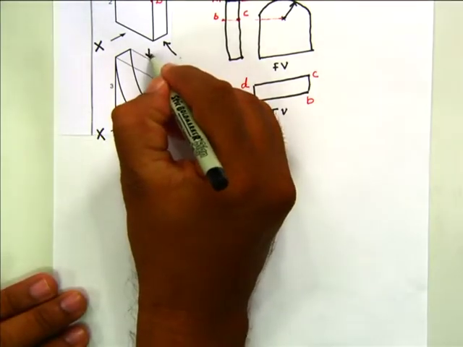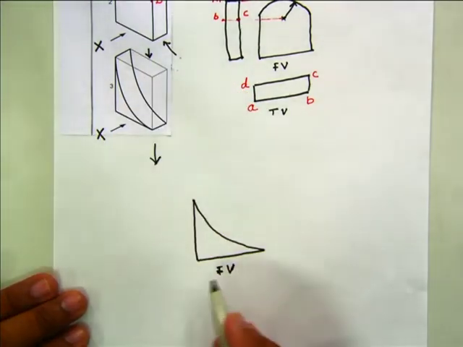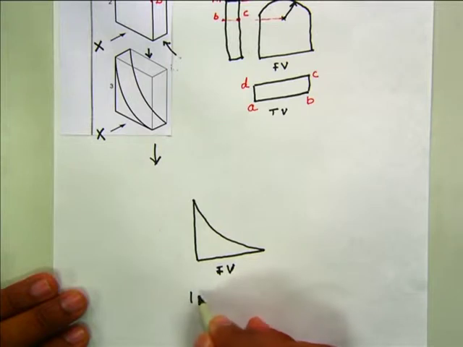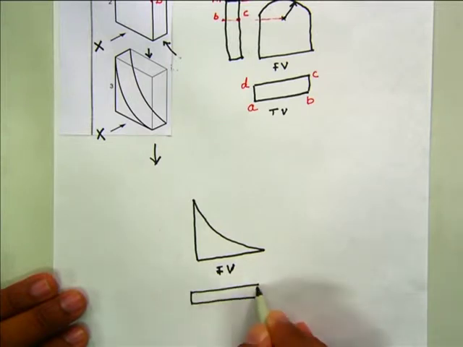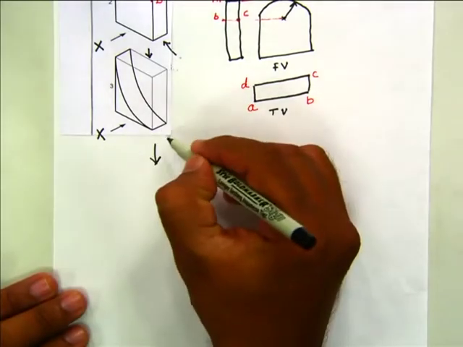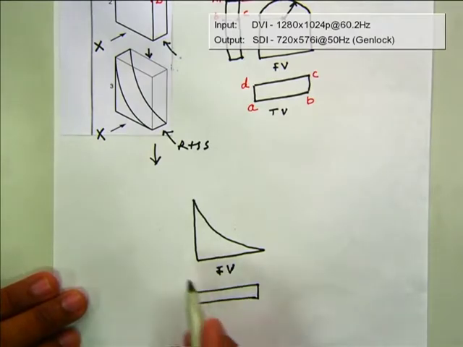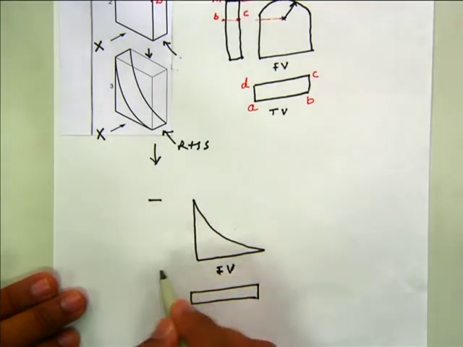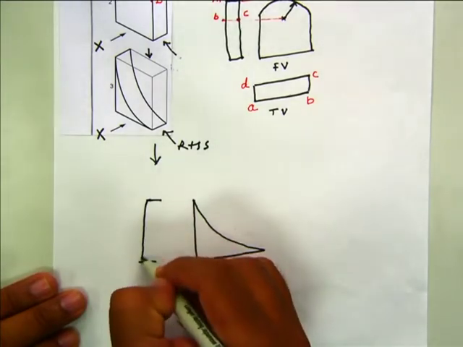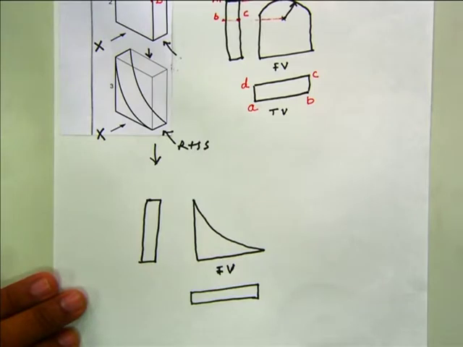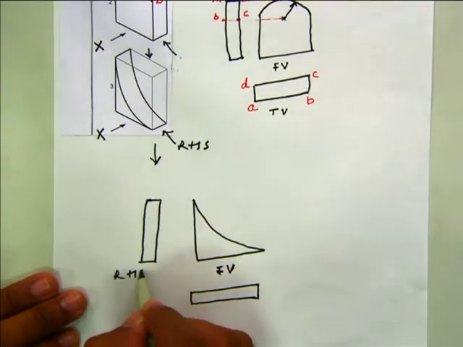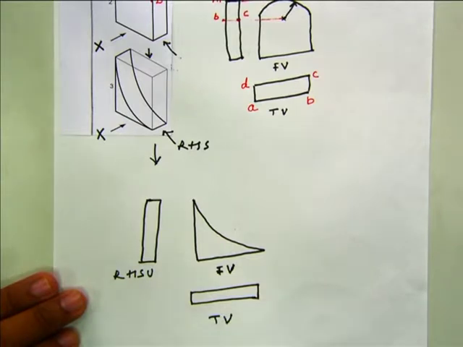When you are viewing from the top, the top view looks like a straight figure. Similarly, when you are viewing from the right hand side, your side view is like this. This is your right hand side view. This is your top view.